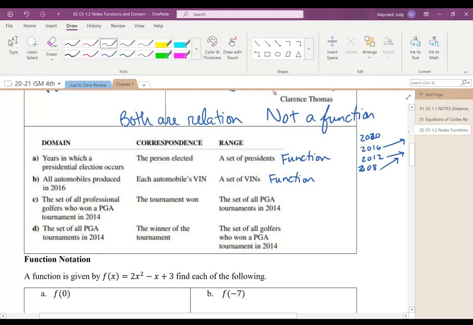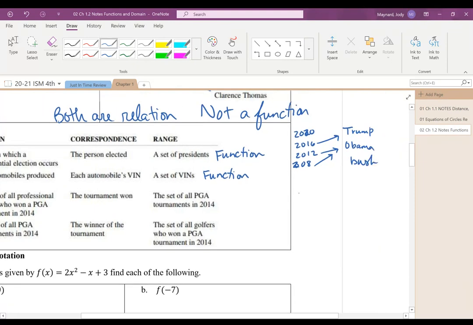So let's look at the last two, which are inverses of each other. Remember, inverses are when you switch your x's and y's. So if we look at this one, the set of all professional golfers who won a PGA golf tournament in 2014, that's our x's. And then our y's is the set of all PGA golf tournaments. So here we have golfers. So we have Sam, Bob, and Tiger Woods, because he's the only golfer I know.